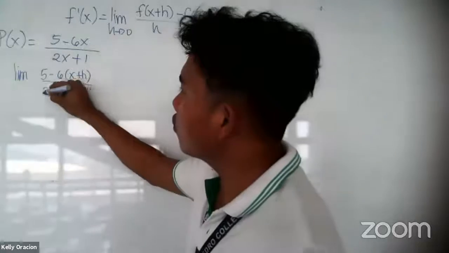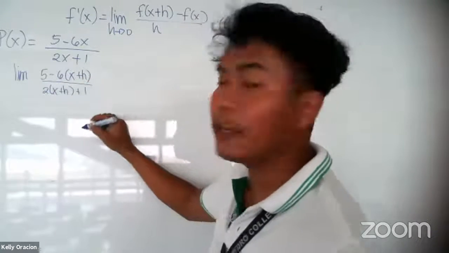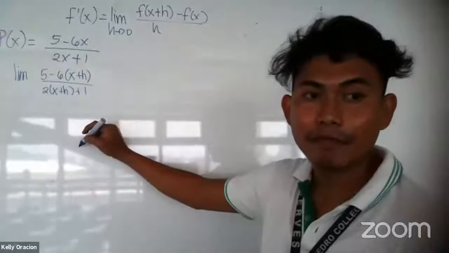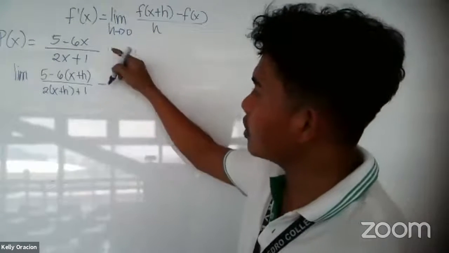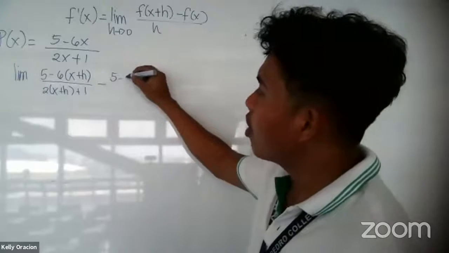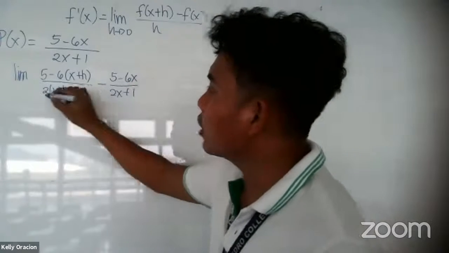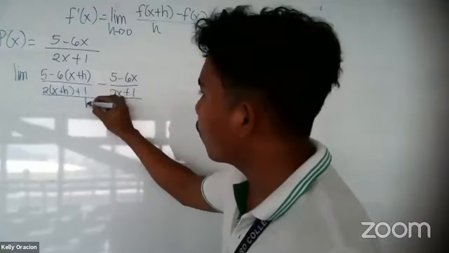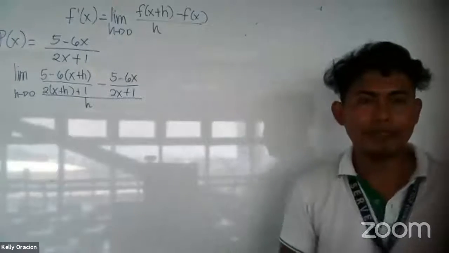Over 2 times x plus h plus 1. Same pa rin. Then minus, i-minus saan? Sa given function, 5 minus 6x over 2x plus 1. And don't forget to put all over h as h approaches 0.